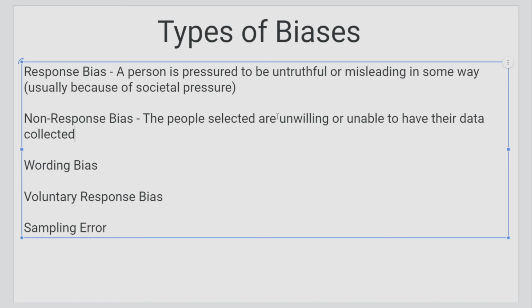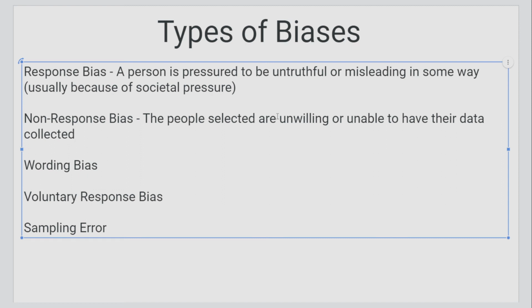If you've ever received an email that says, hey, can you please take this short survey to give us feedback? I'm going to assume that very few of us have answered those types of surveys. But that is an example of non-response bias, right? We don't want to answer those types of surveys.